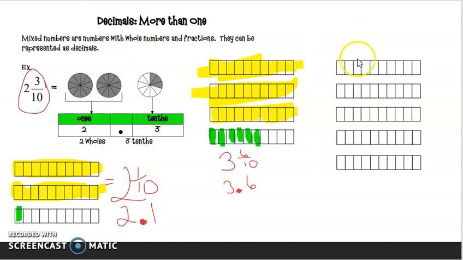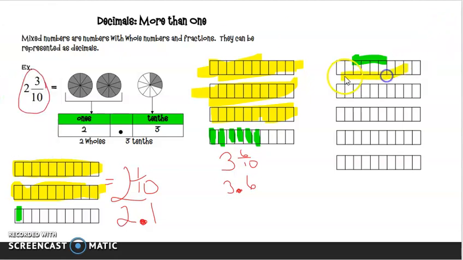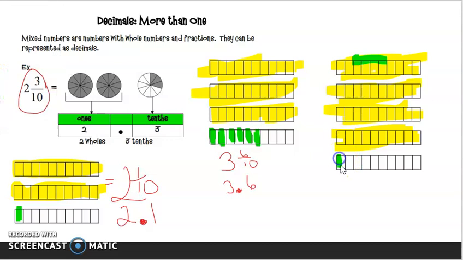All right, let's do the last one. Excuse the messiness. It's hard to draw. All right. So how many wholes do we have? Well, we got to do our fraction. 1, 2, 3, 4, 5, 6, 7, 8, 9.